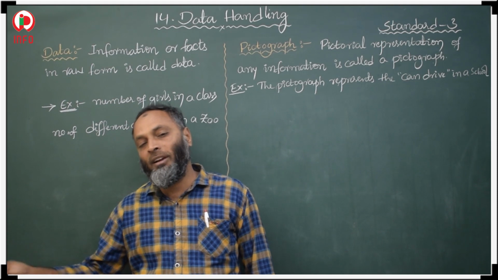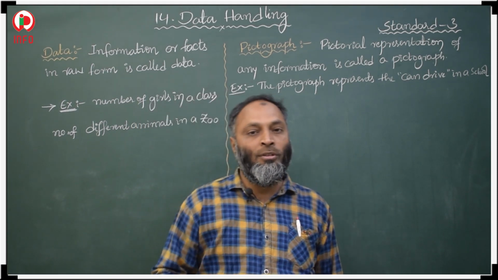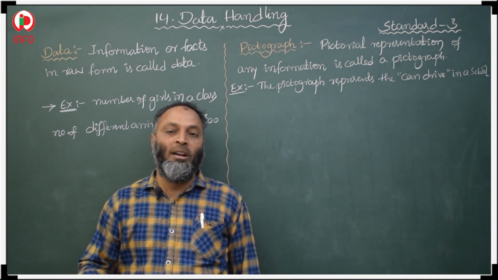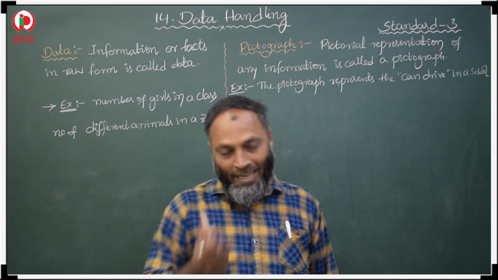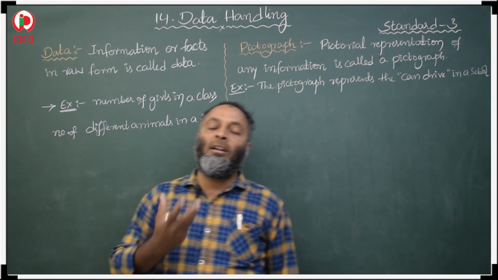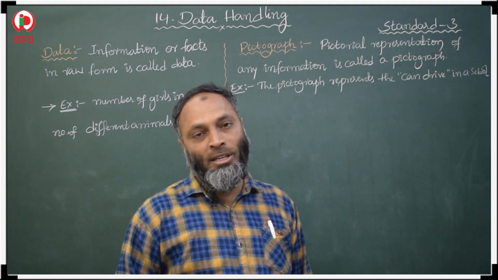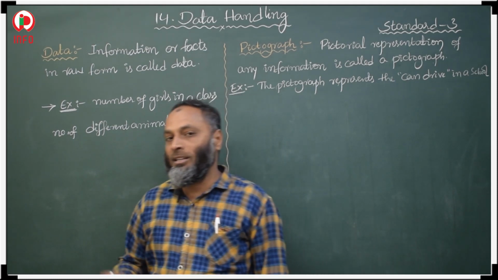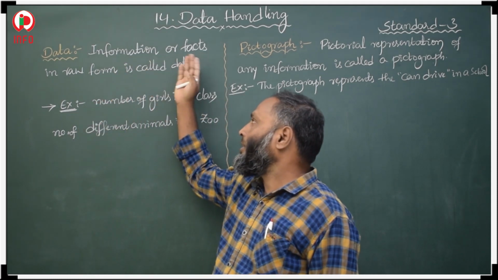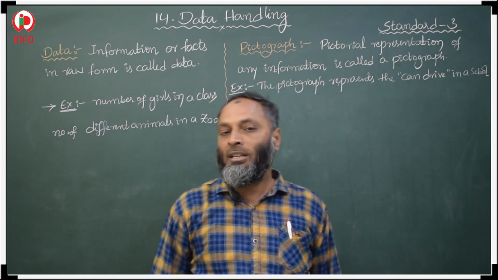Then we divide into different categories according to the pictograph. So before arranging a pictograph or bar graph, whatever information we collect, that raw information is called data. Data means the collection of information or facts in raw form.